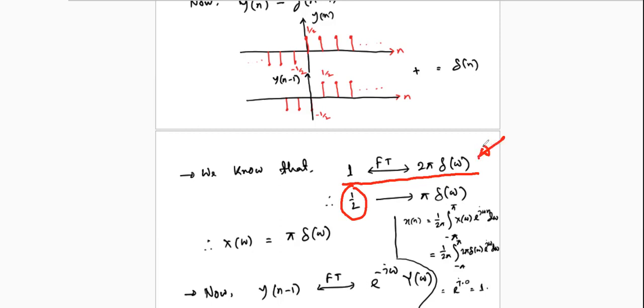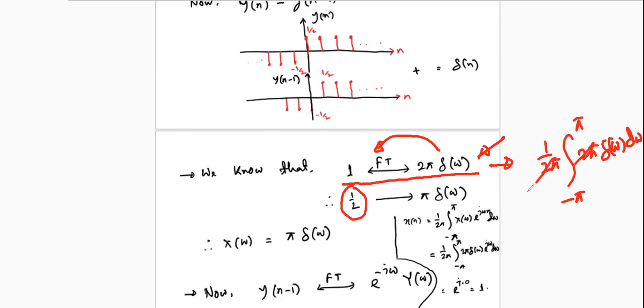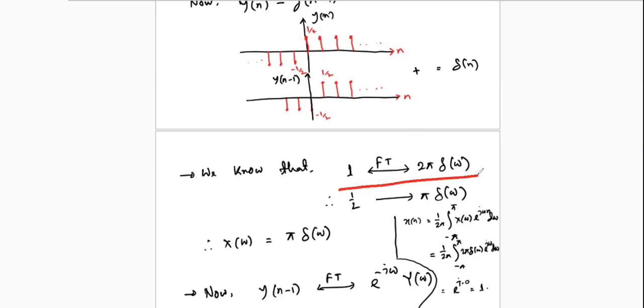Since this is already known, you can do the inverse Fourier transform. You can find it by 1 divided by twice pi, integral from minus pi to plus pi of twice pi delta omega d omega. It's very simple to prove that the answer is equal to 1. So this is the inverse Fourier transform by which you can show that if you take 1 in the time domain, the Fourier transform value is twice pi into delta omega. So we can prove it.